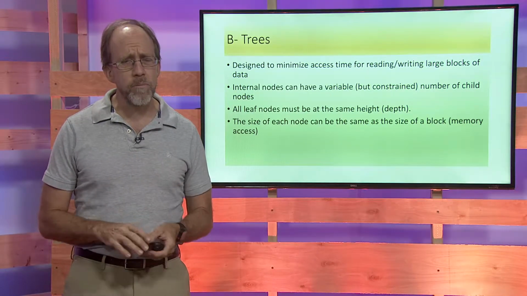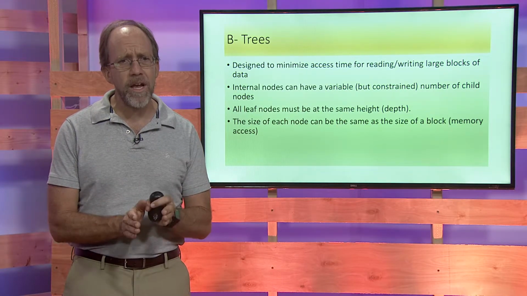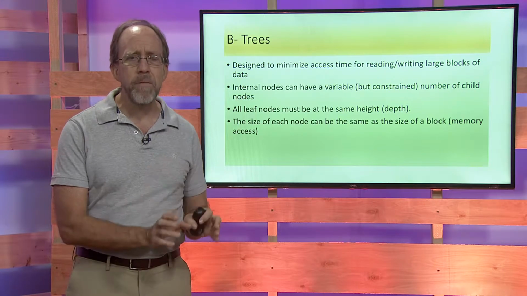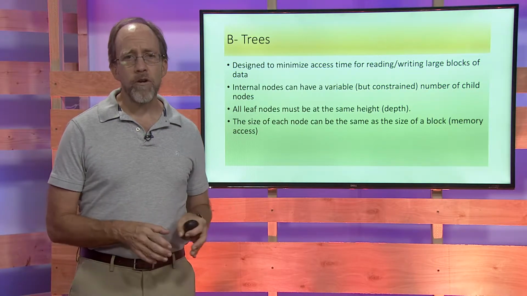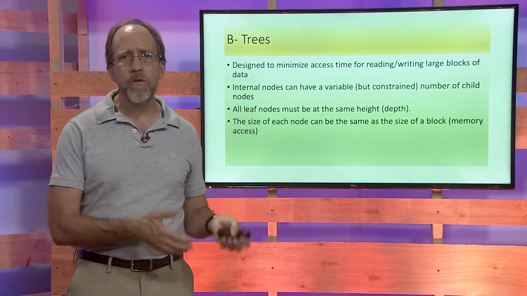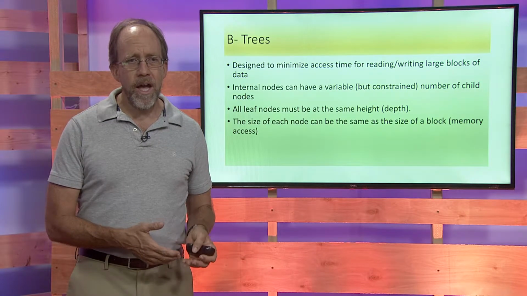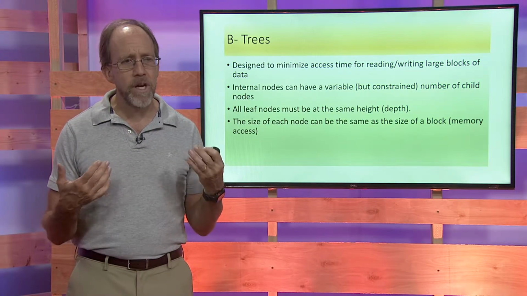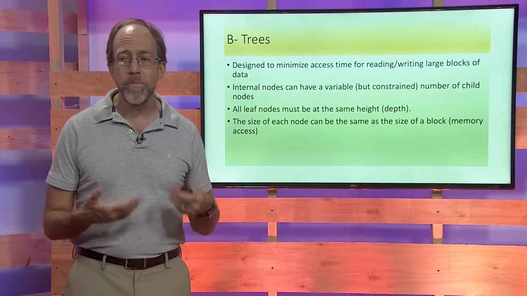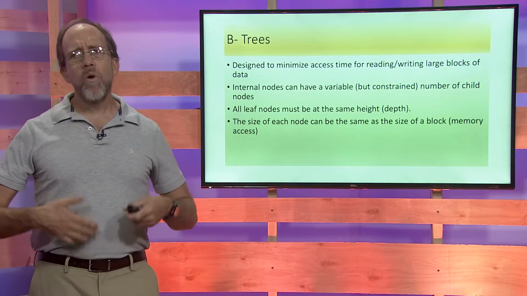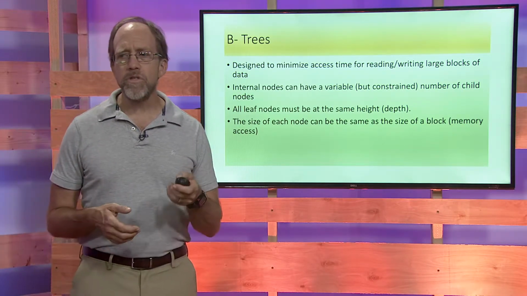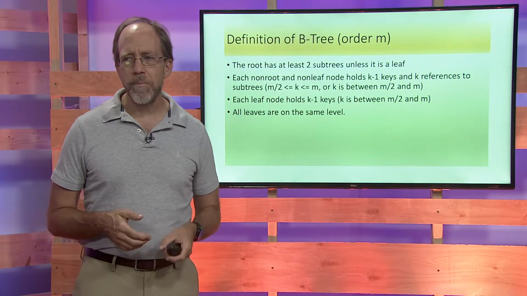And the reason those rules are important is because they define the way that you're going to actually manipulate the tree with the algorithms. If you change the rules, the algorithms have to change. And by having a common set of rules, you can write common sets of algorithms that let you do the manipulation. So we can talk about the rules that have to deal with the B-tree.